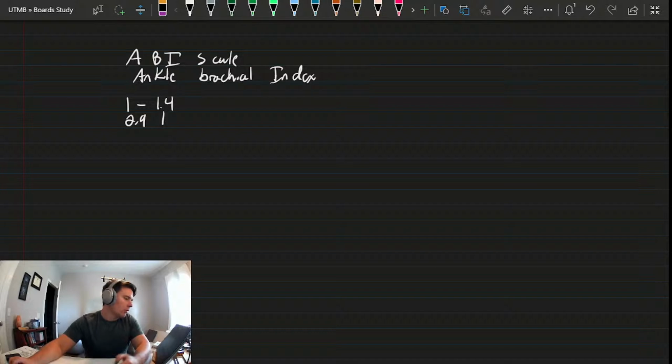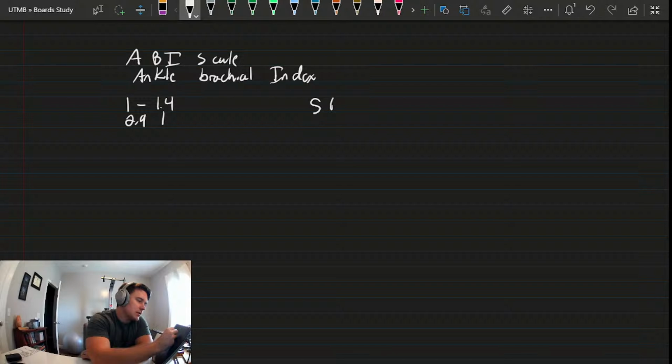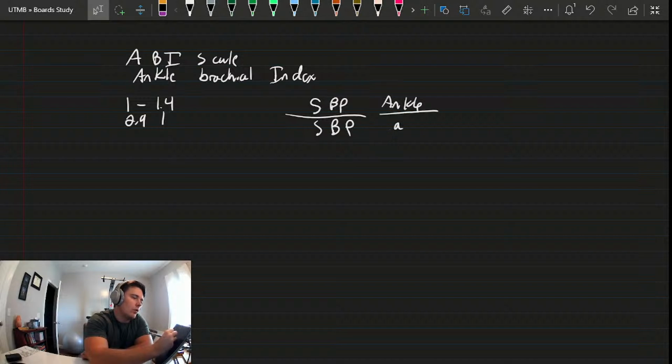All right, so ankle-brachial index, you take the systolic ankle pressure over the systolic brachial pressure. So SBP over SBP, and you're going to do ankle over arm.